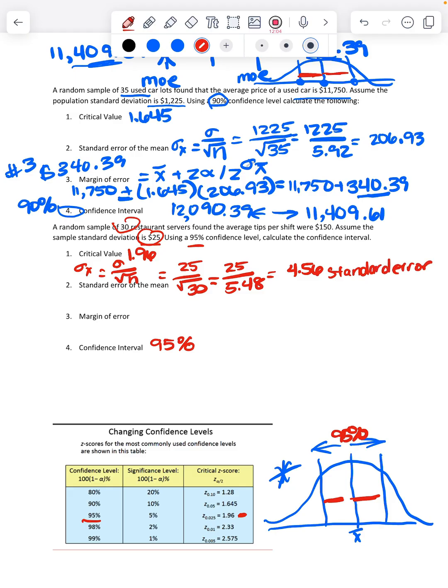Okay, now your margin of error we're going to come back to. But I'm going to calculate my upper and my lower limit by saying the mean minus my critical z-score times my standard error.